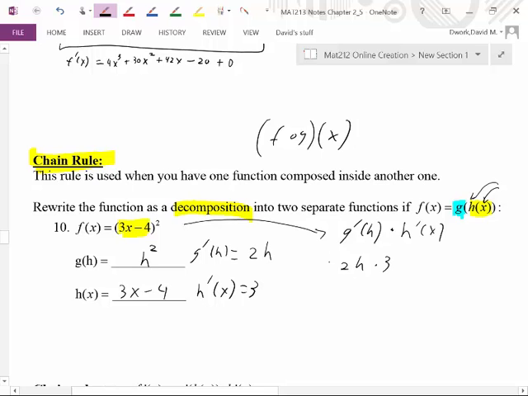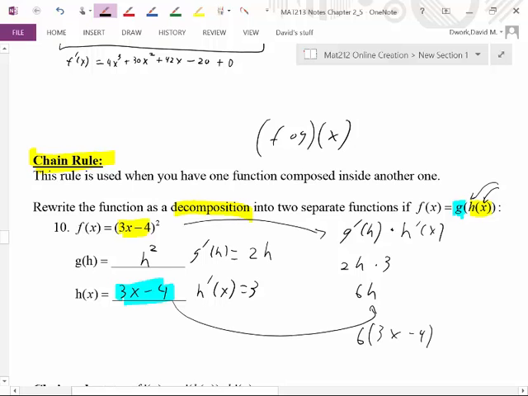And when we do 2h times 3, that gives us 6h. All right, but we have to remember, what was h? Well, h was the stuff on the inside right there. So everywhere we have an h, we're just going to replace it with 3x minus 4.